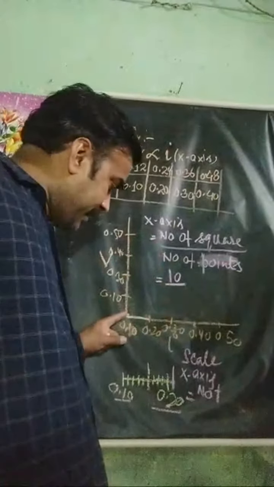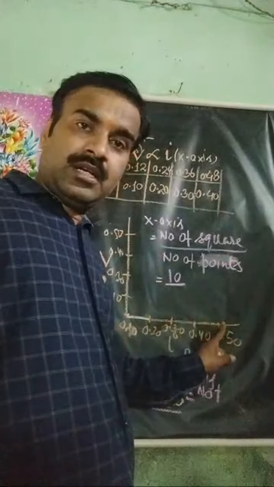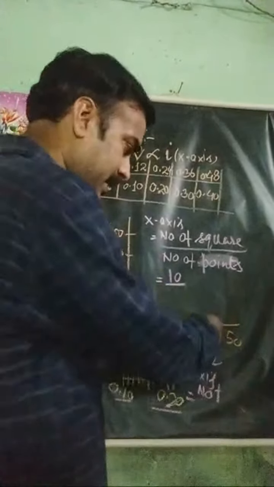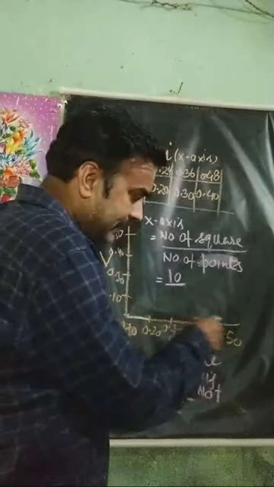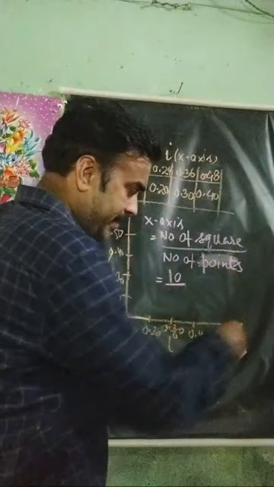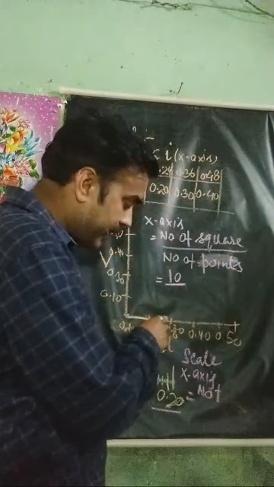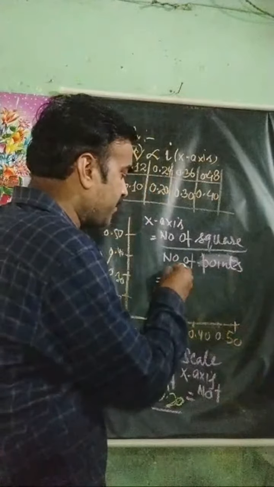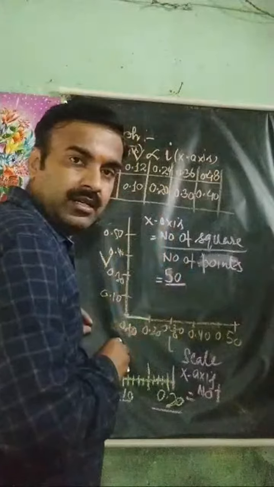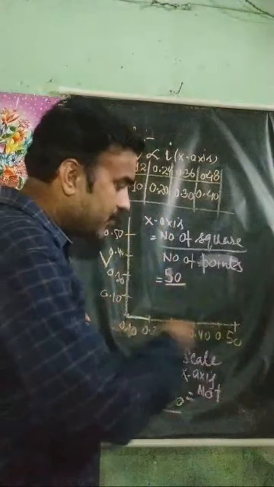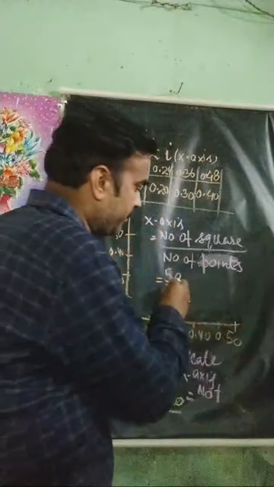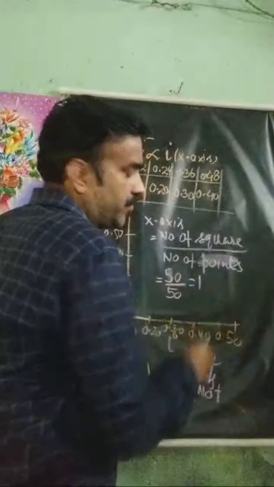Or you can also take from here to here, one division at a time. You can also take from here to here: 10, 10, 10, 10, 10, that means 10, 20, 30, 40, 50 divisions. So you can take 50, and from here to here also 50 divisions. So 50 upon 50 gives 1.